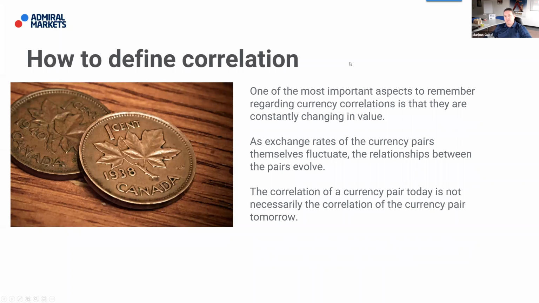One of the most important aspects to remember regarding currency correlation is that they are constantly changing in value. What does it mean? Take the USD, US dollar. Sometimes it has more value, and on the other side it has less. There was an interesting thing about the stimulus package.